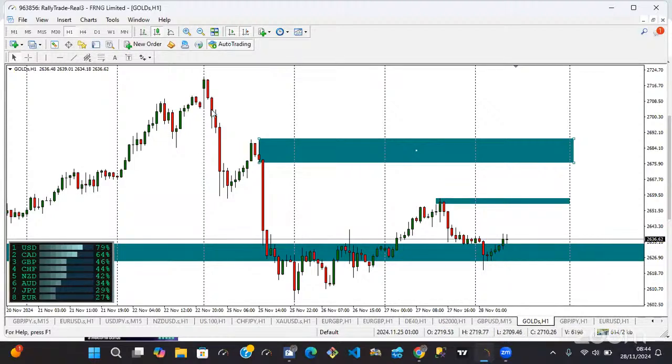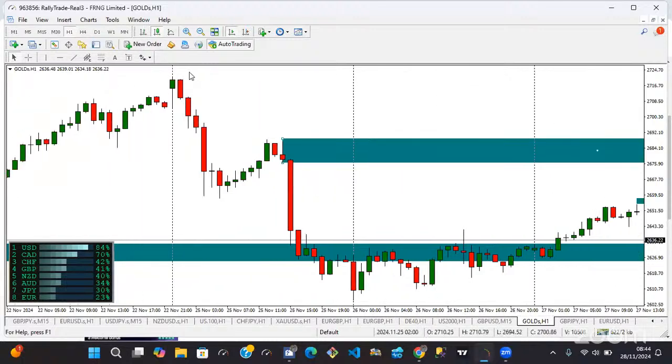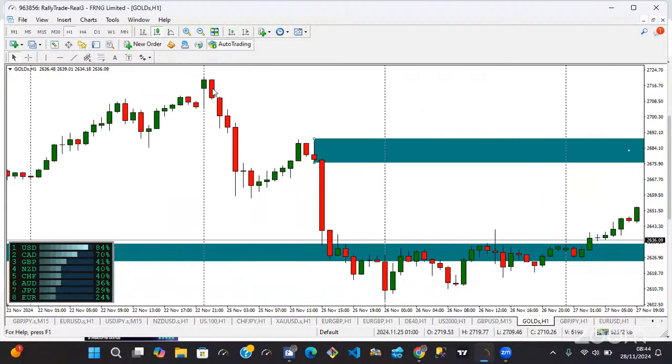I need 1, 2, 3 consecutive explosive or decisive candles. By explosive candles, I mean a candle whose body covers more than 70% of the total range. I think I've said that enough, right? Something like this. If you see this candle now, the body of the candle covers more parts than the entire range, including the low and the high.